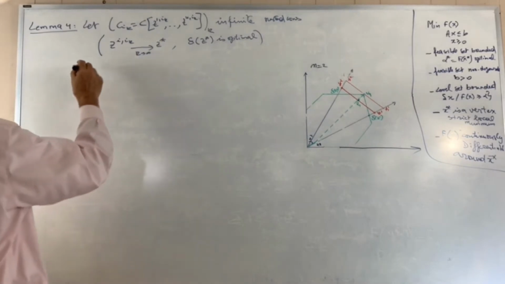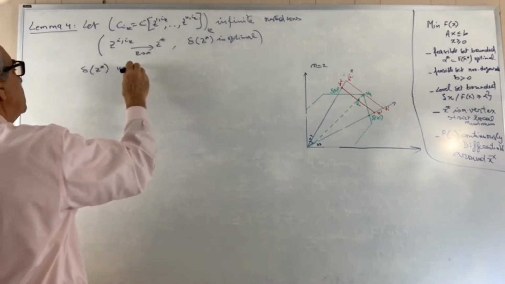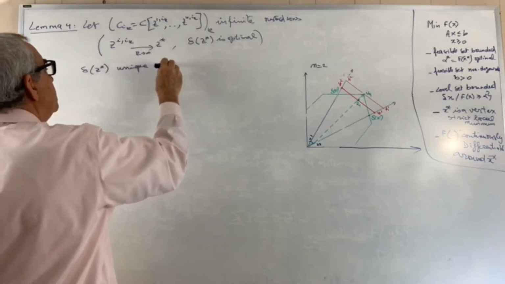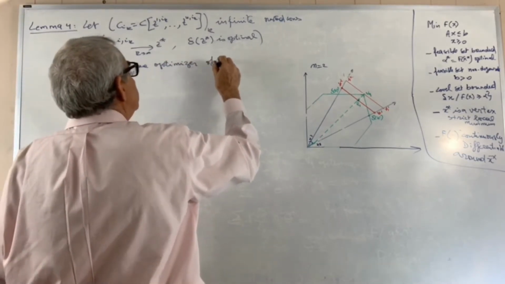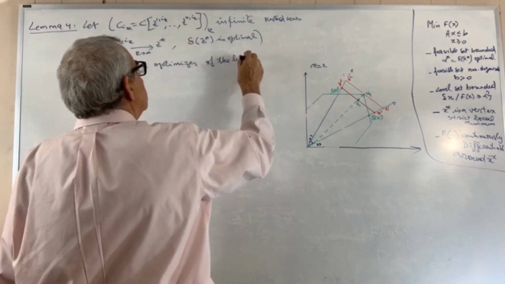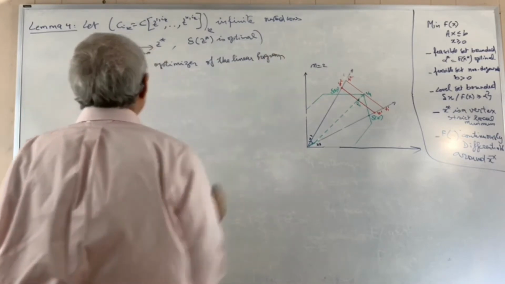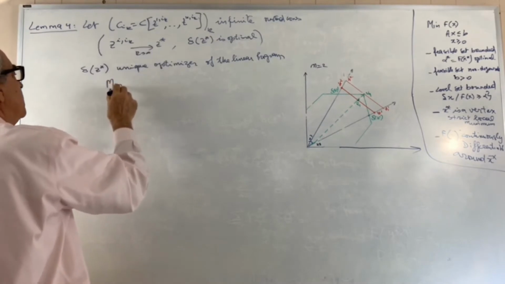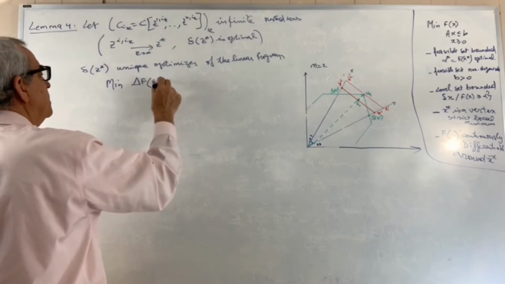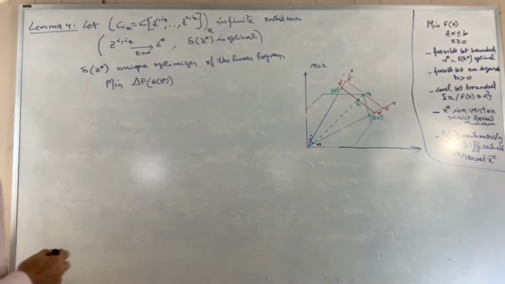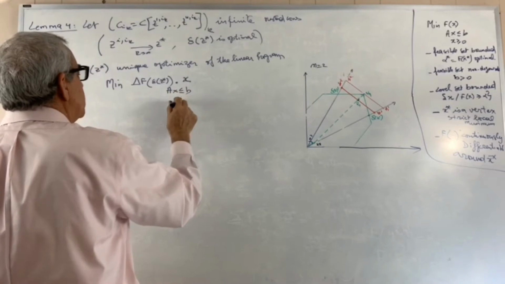Now, this is the lemma: delta of z star is the unique optimizer of the linear program: minimize the gradient at delta of z star times x subject to Ax less or equal to b, x greater or equal to 0.